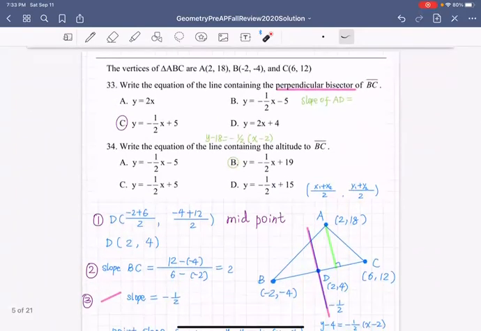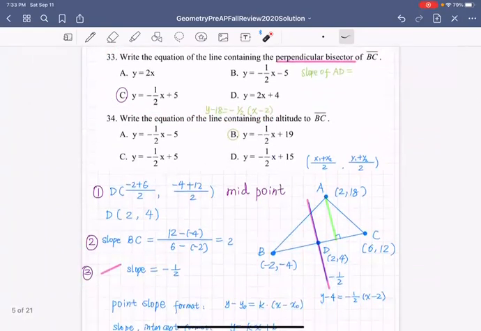Every student, any question for 33? Everybody is fine? Now, Annie, can you read 34 and tell me what you want to do? Write the equation of the line containing the altitude to BC.